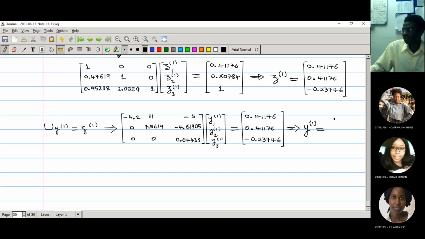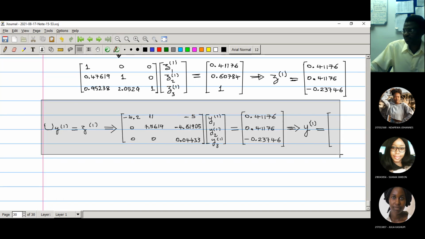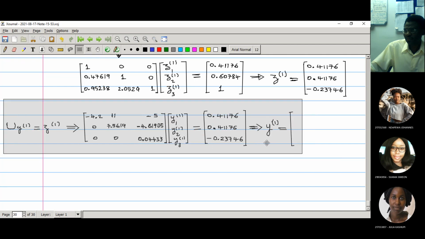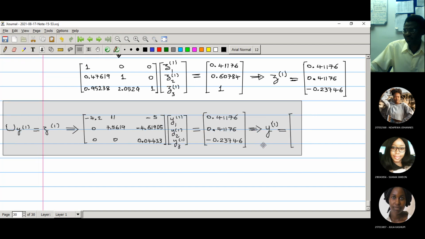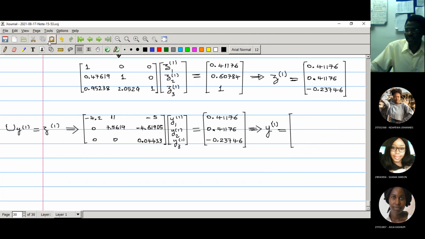So y1 will give us the following values. Okay, I think I need to shift this a bit to the left. Yeah, it's better like this.